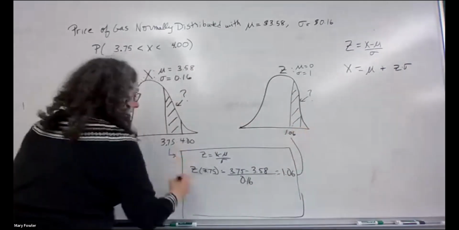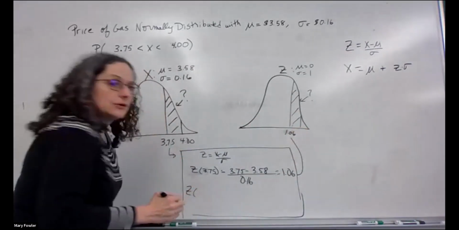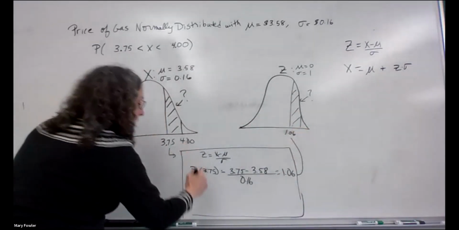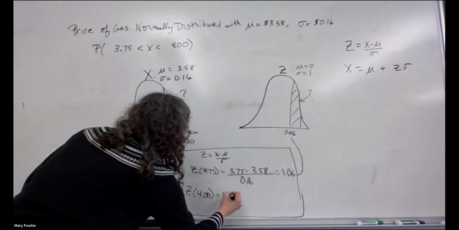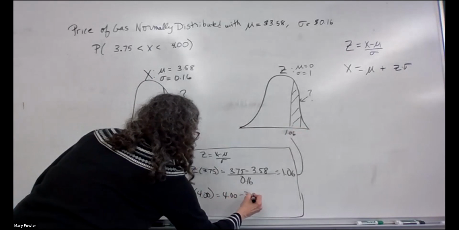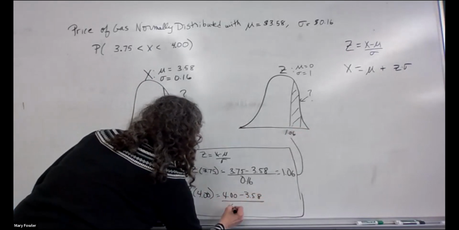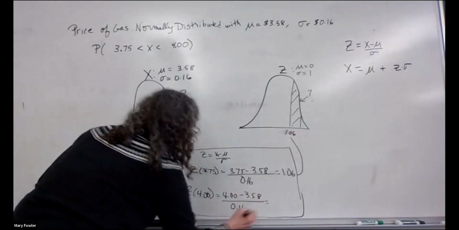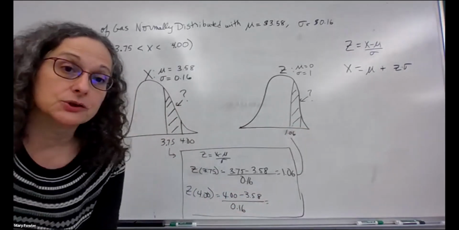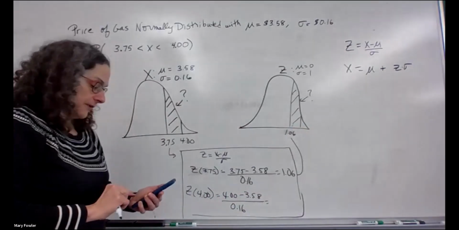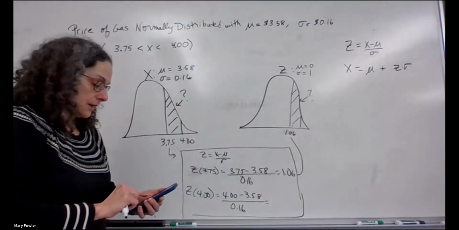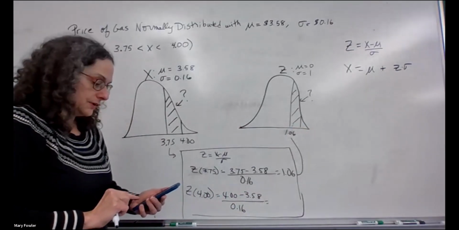All right, and now let's transform the 4. So that's going to be 4 minus 3.58 divided by 0.16. Again, we need to calculate that to two decimal places so we can take advantage of the Z table.